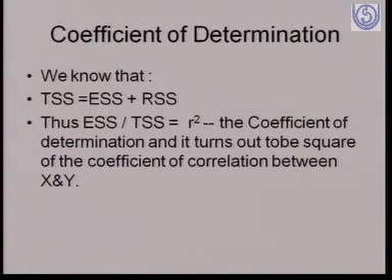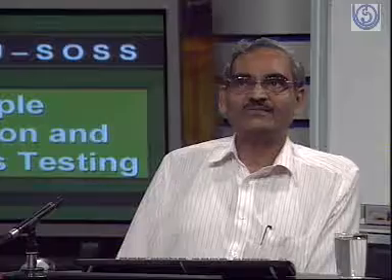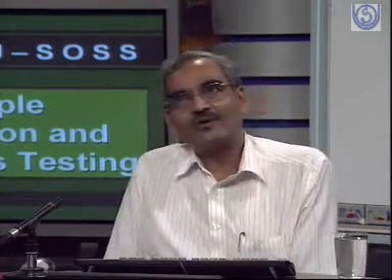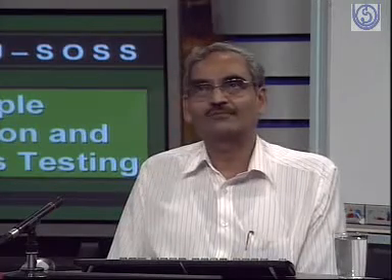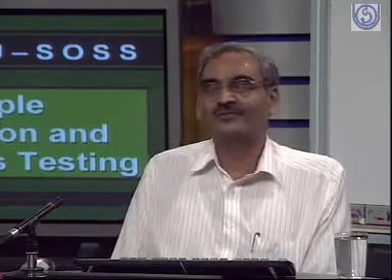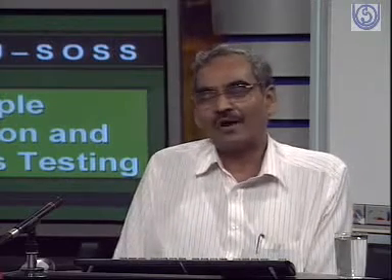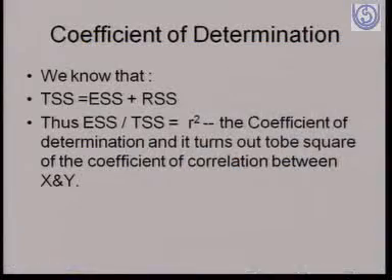Thus, explained sum of squares by total sum of squares is called r square, the coefficient of determination, and it turns out to be the square of the coefficient of correlation between x and y. In the best situation, when our model is the perfect one, r square would be very close to 1. That means higher the value of r square, better is the fit given by our hypothesized model to the population relationship.